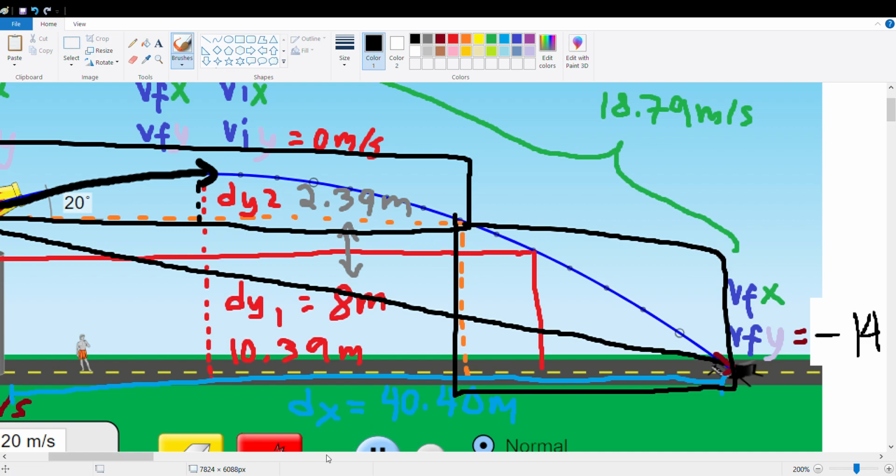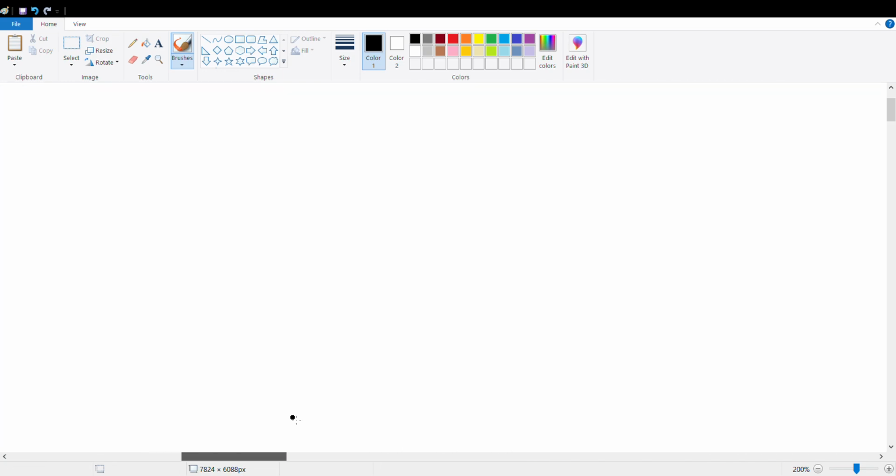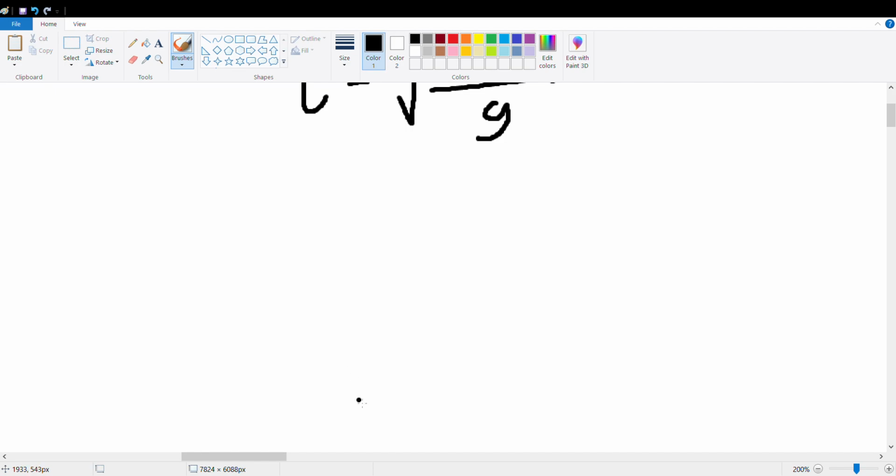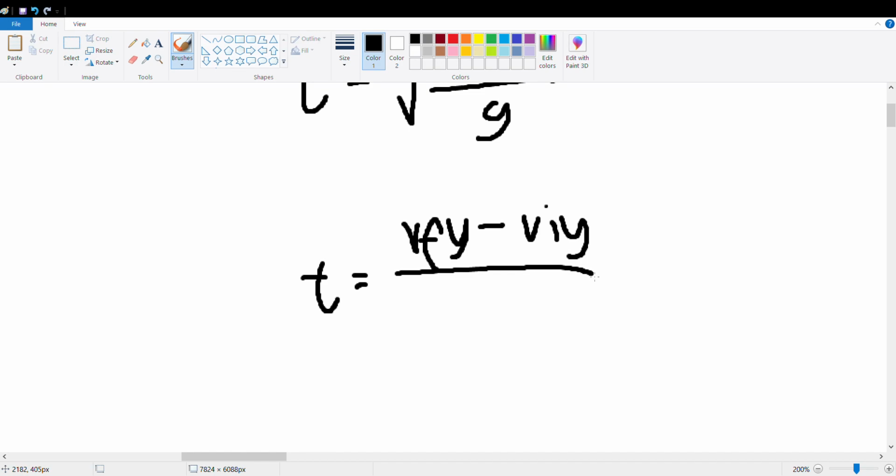You're going to be using two of the formulas, which is t equals square root of 2 dy over g, and for the top one you're going to be using t equals vfy minus viy over g.